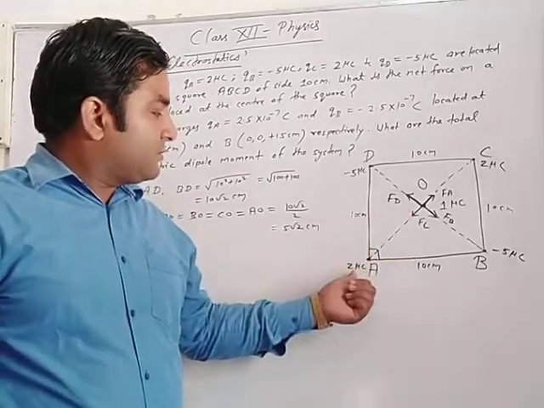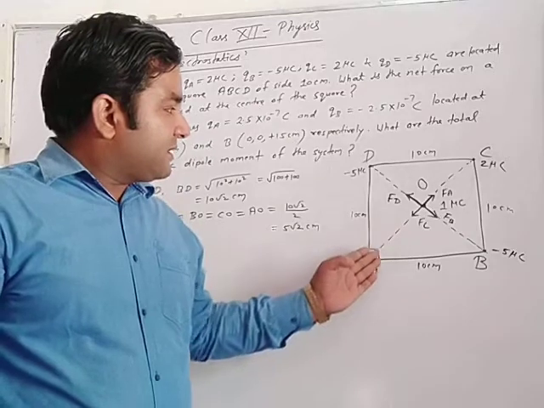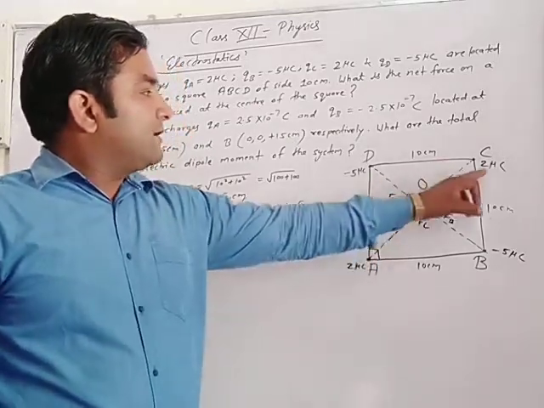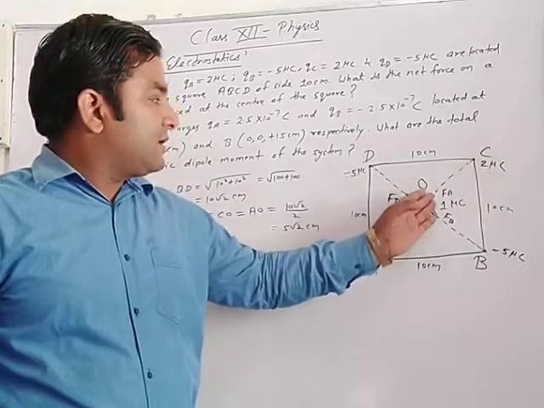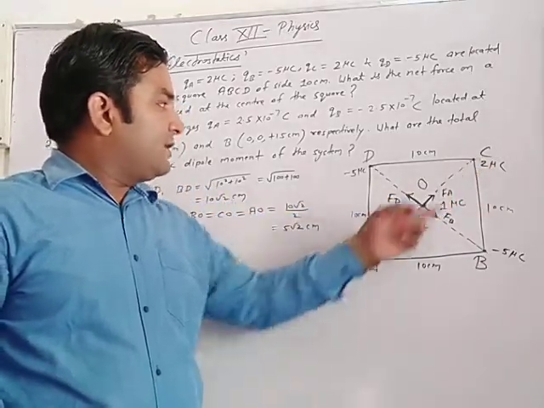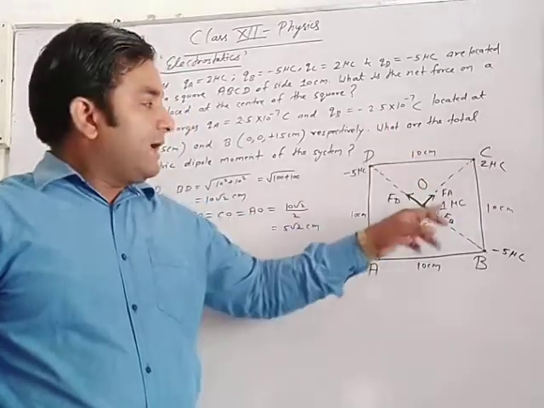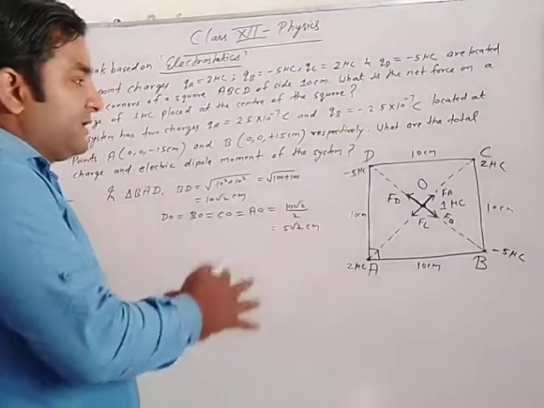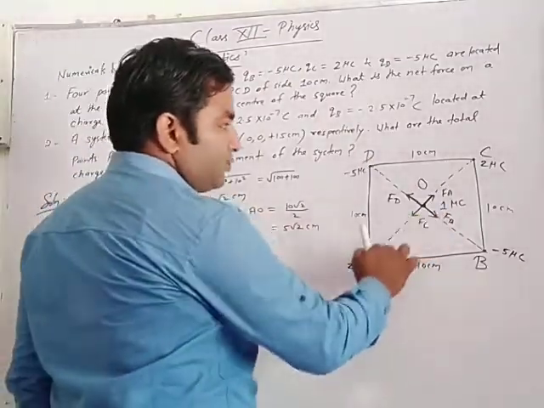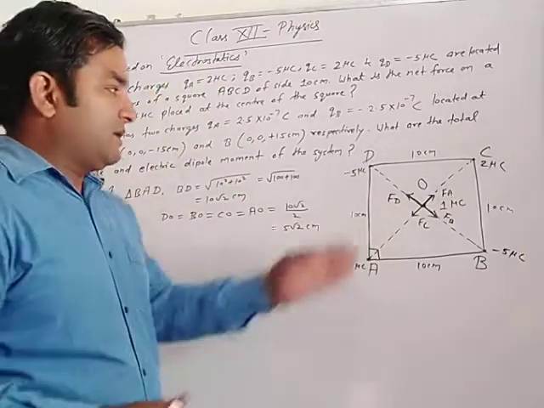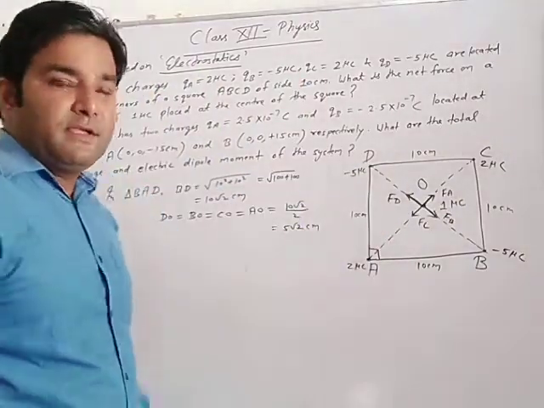Due to this 2 microcoulomb charge, the force is along A to O, and due to this 2 microcoulomb charge, the force is along C to O in this way. But here 2 and here 2 are both equal, and at point O the charge is 1 microcoulomb. So whenever we take the product, 2 into 1 and 2 into 1, the distance is also the same, so the forces will be equal but opposite in direction, so they cancel each other out.